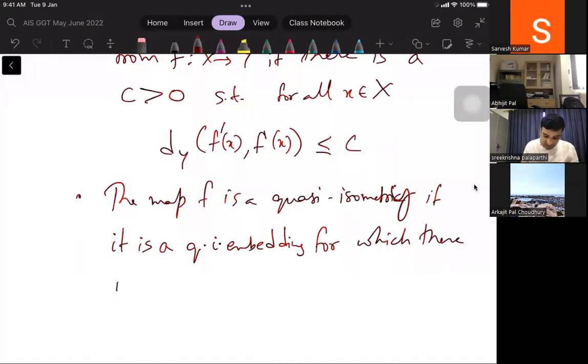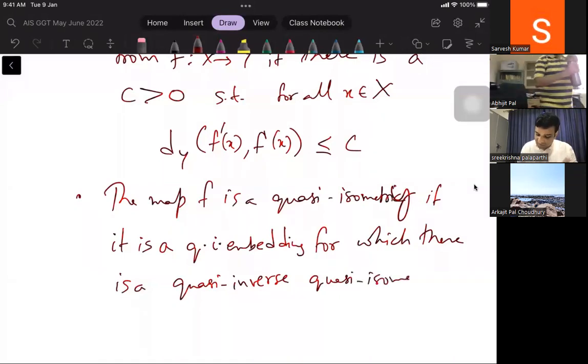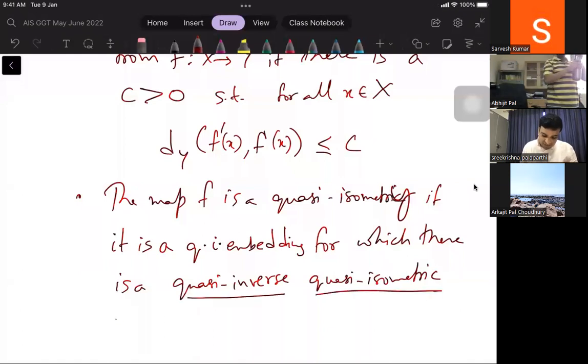There is not exactly an inverse, there is a quasi inverse, because these functions need not be bijective. So you cannot exactly expect an inverse. Quasi inverse, quasi isometric embedding.